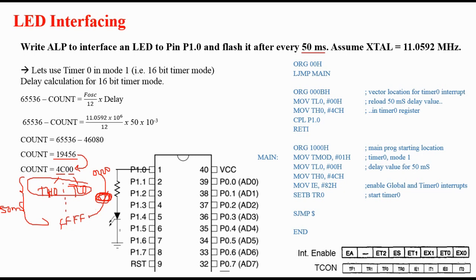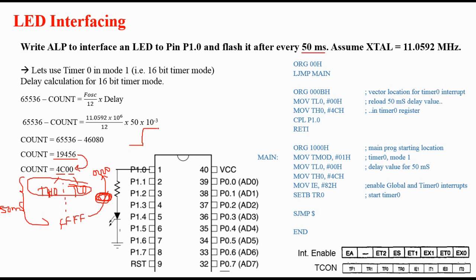During the next clock pulse the value will get reset to 0000, and due to this overflow the interrupt will get generated. Previously the LED was off, now we will make the LED on. So what is happening here is the LED is remaining off for 50 milliseconds, then we make it on.